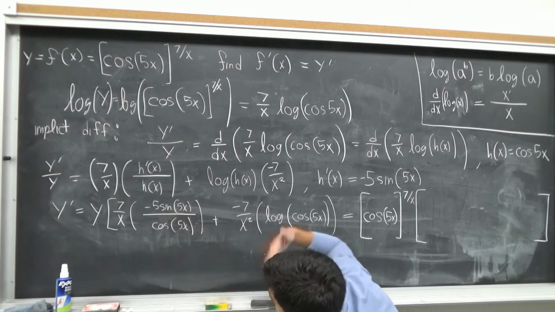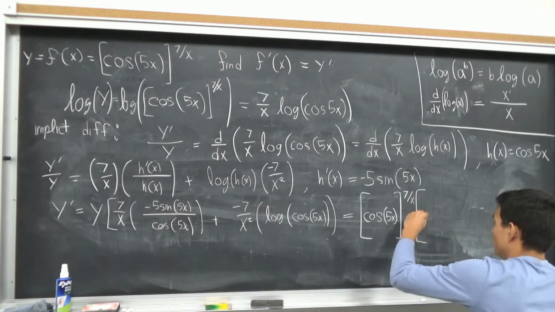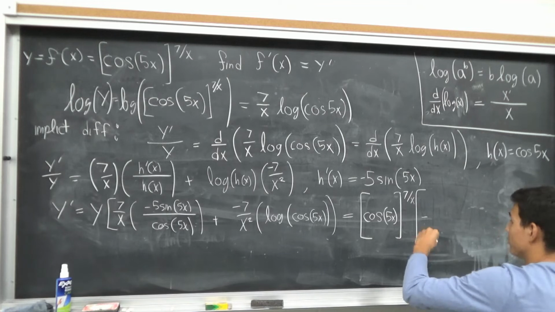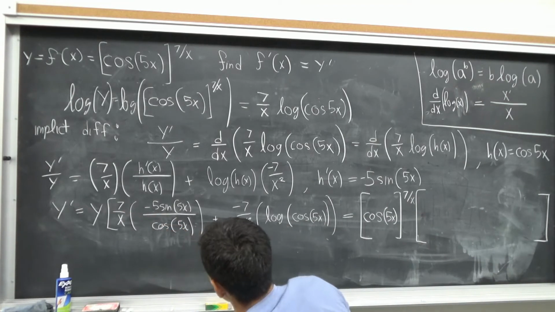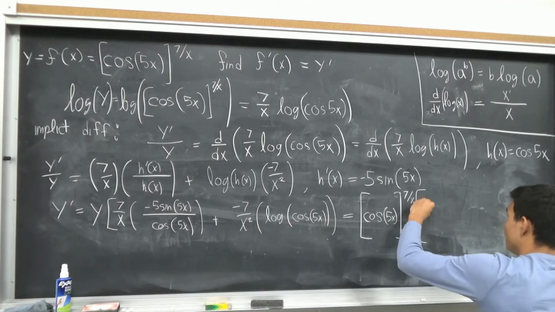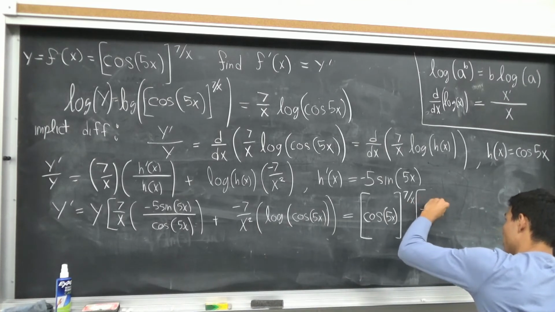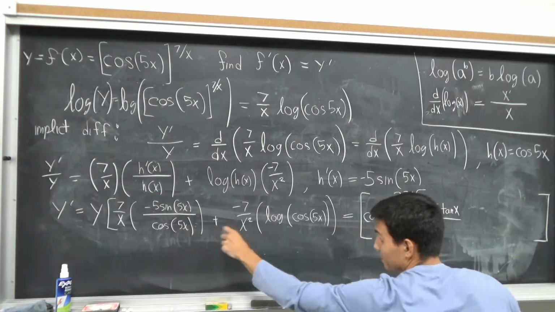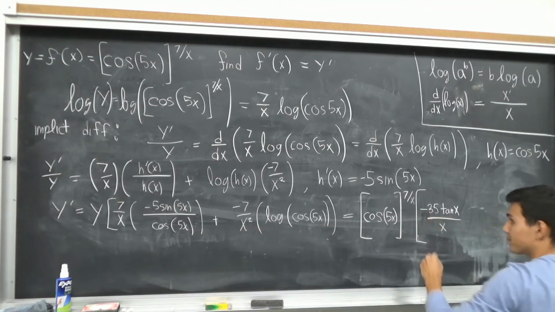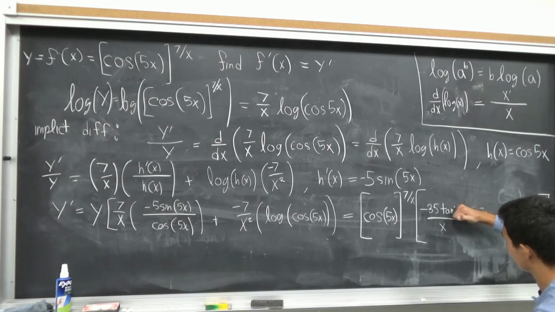Sine over cosine, what is that? That's tangent, so we get negative. We have a 5 times a 7 as well, right? So we get negative 35 tangent of 5x divided by x.